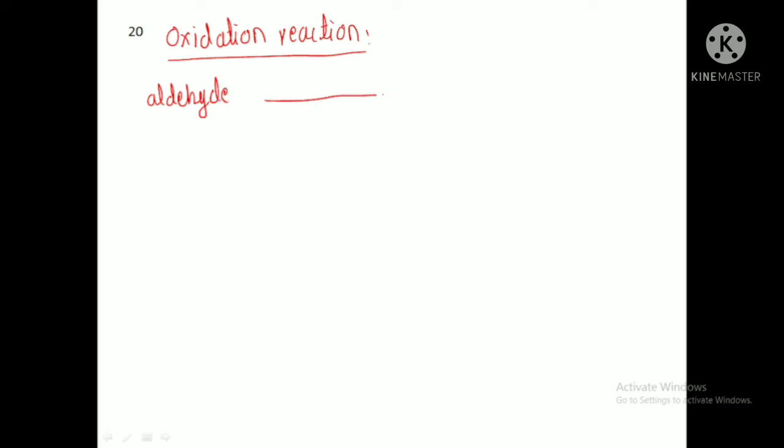Next reaction of aldehydes and ketones is the oxidation reaction. Aldehydes on oxidation with alkaline KMnO4 and Jones reagent will give acid.